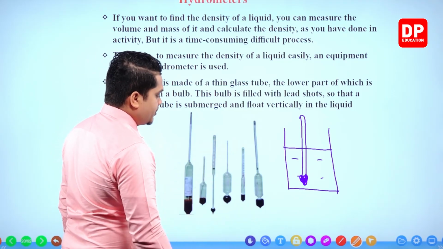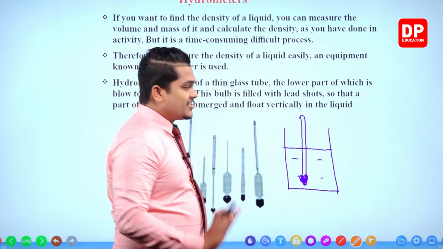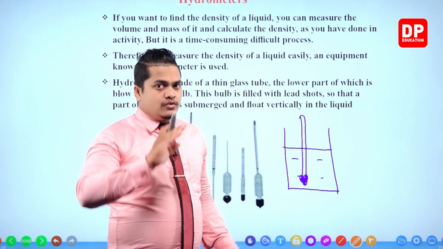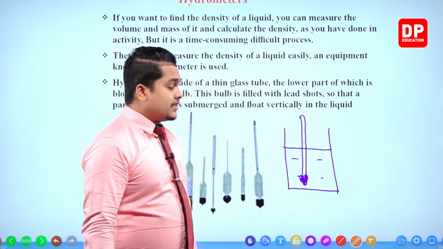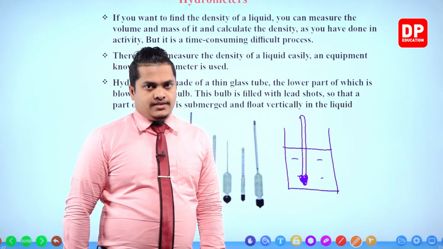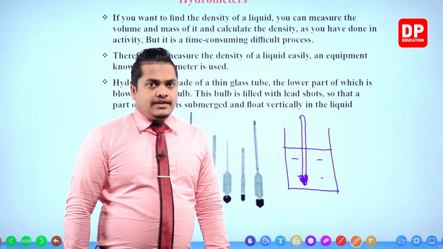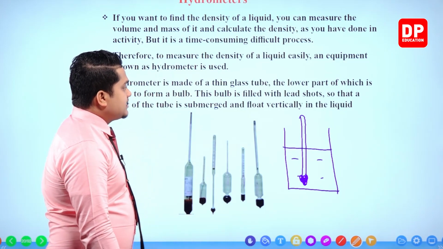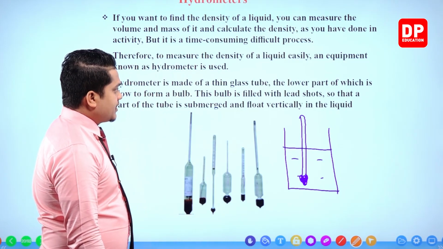It should not touch the bottom of the container. Remember, you have to take somewhat longer containers like measuring cylinders in order to get the density. Right then, so these are what are called hydrometers, my dear children.